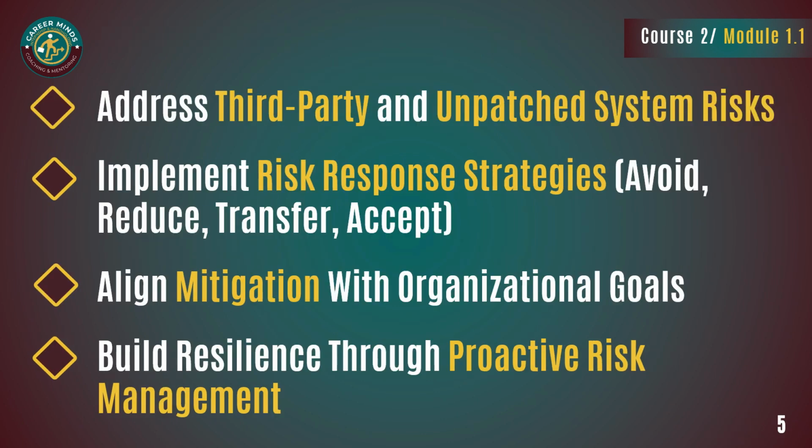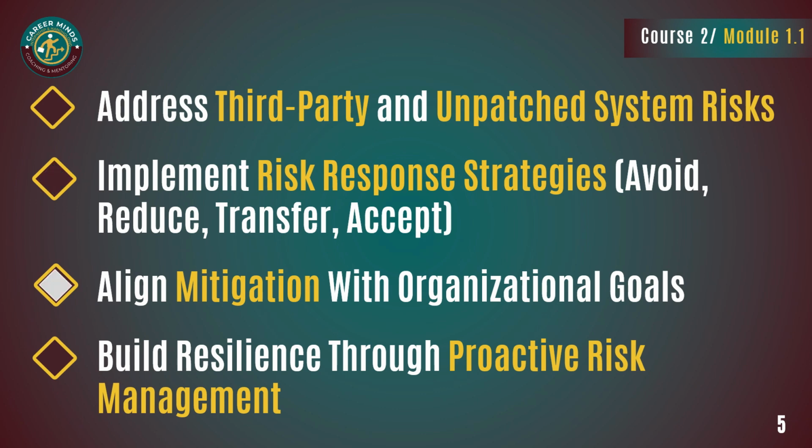And number 4, why risk from third parties and unpatched systems, like in the case of the SolarWinds and Equifax breaches, must be part of your cybersecurity strategy. Number 5, the 4 main strategies to manage cyber risks, including avoidance, reduction, transfer, and acceptance, and how they apply in different contexts.